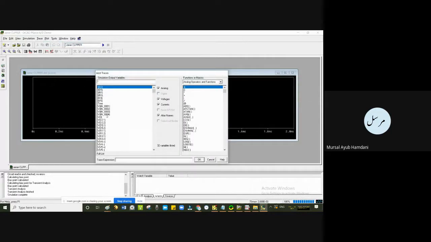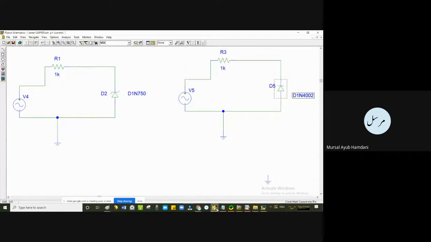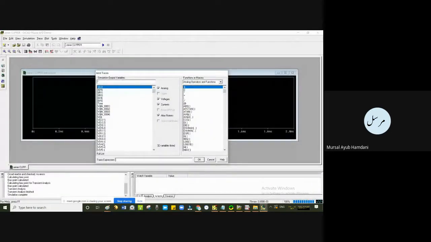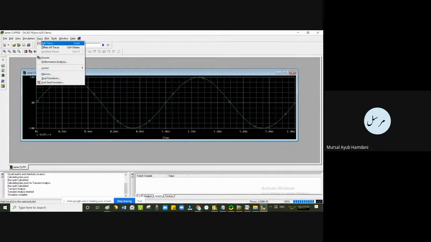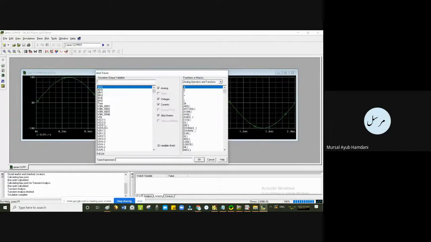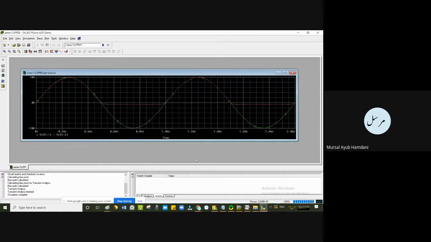Trace and trace. Now remember what we have to plot. See this from the figure. Let us first plot the common diode, V5 and D5.